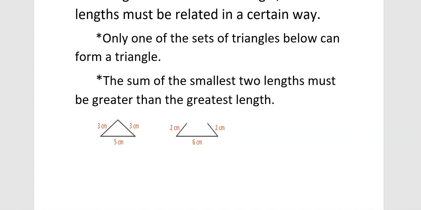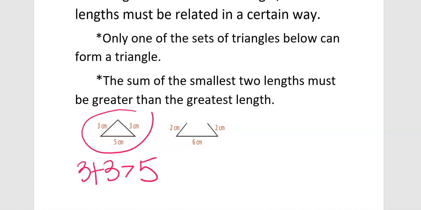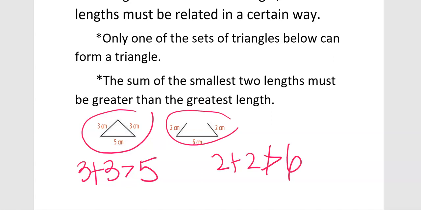With this one, 3 plus 3 is bigger than 5. That makes it work. With this one, 2 plus 2 is not bigger than 6. The sides don't meet. So this length down here is too big for those two things to meet each other.